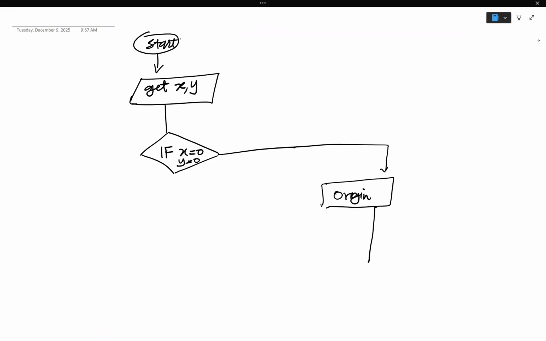If this is not the situation, then we are going to experience 4 possibilities. Let's first develop the first possibility. If this is not the condition, let's mention yes for this one and no for this one. Now we will make checks on x and y.